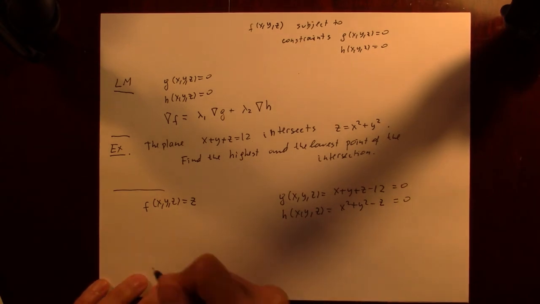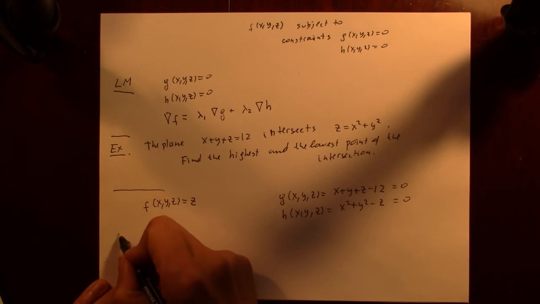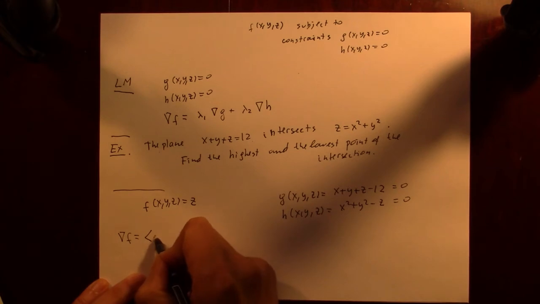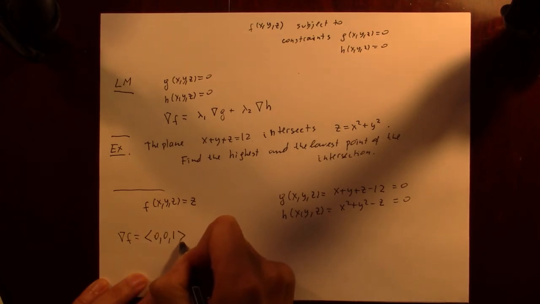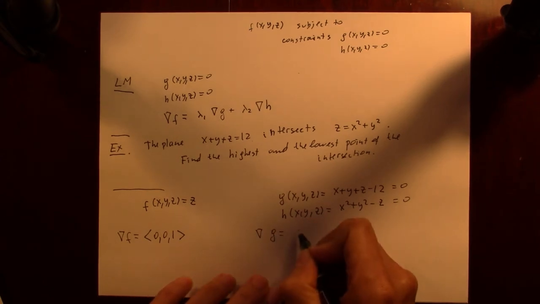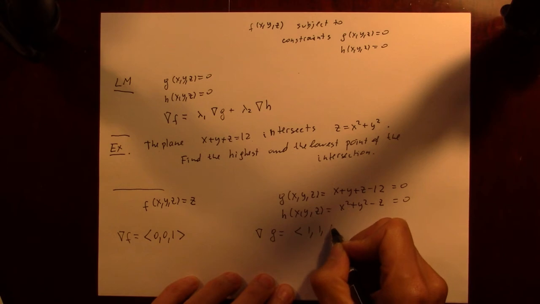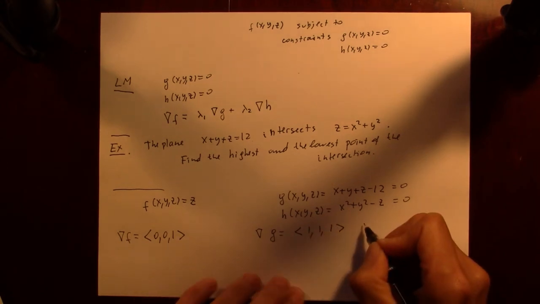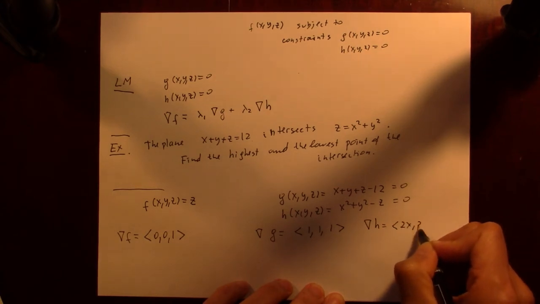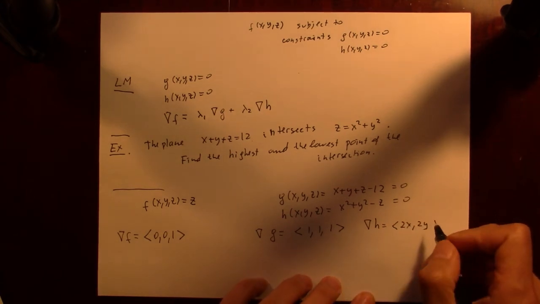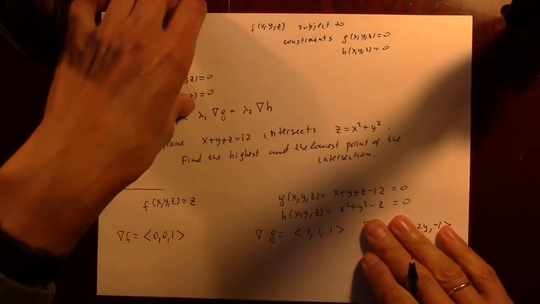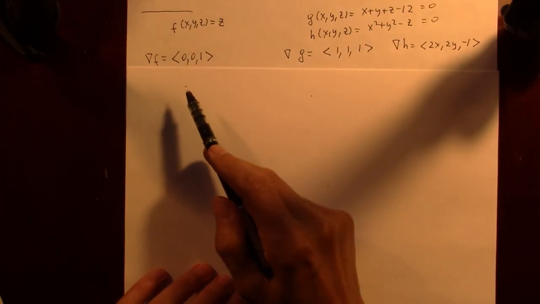So we're going to find gradients. Gradient of f equals 0, 0, 1. Gradient of g equals 1, 1, 1. Gradient of h equals 2x, 2y, minus 1. So from here, we're going to write the following equations.